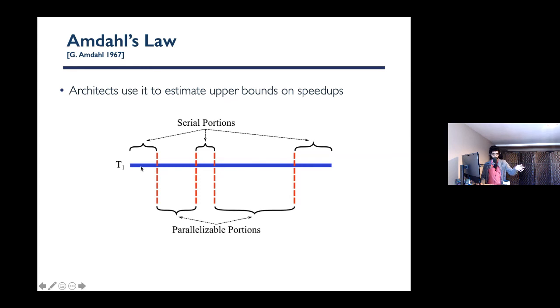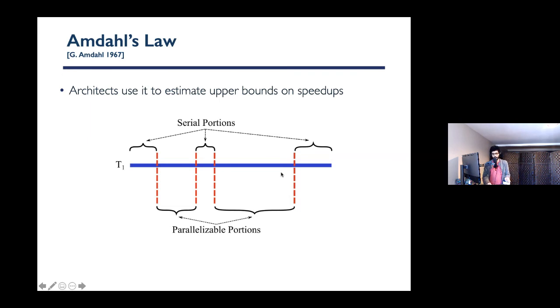Let's say you have a critical section or one of those reduces, so it's serialized. Only one thread is running. And there are portions of time that you could potentially parallelize your application. You can run multiple threads to speed it up. So I can divide the runtime into serial portions and parallelizable portions.